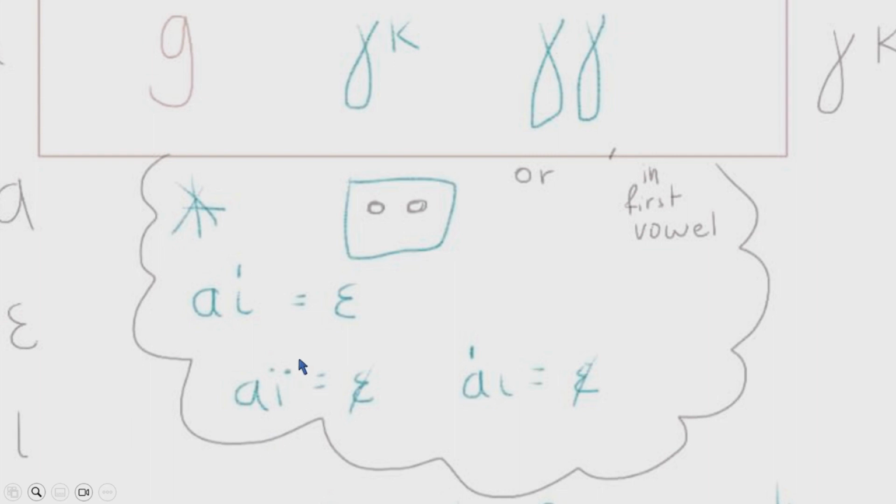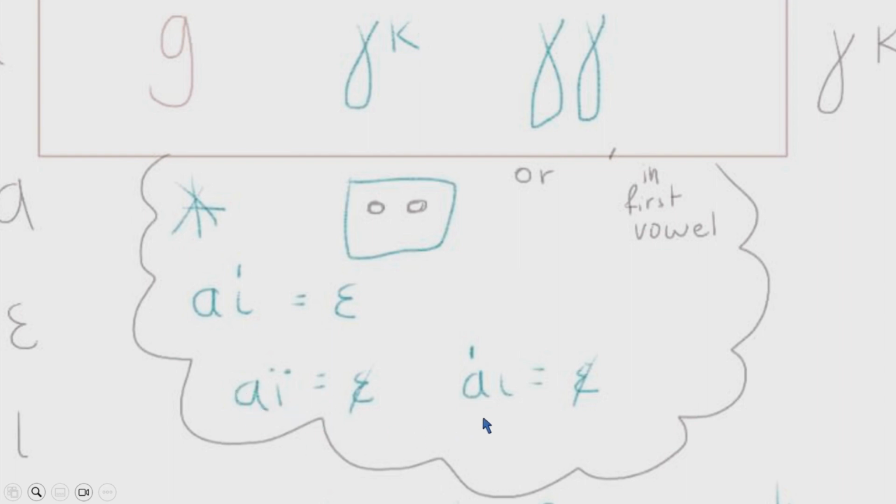The two little dots mean that the sound that they would combine to make is broken, so it's no longer E. It's back to A-E, the normal sounds of these letters individually.